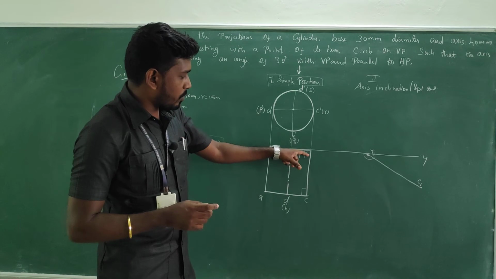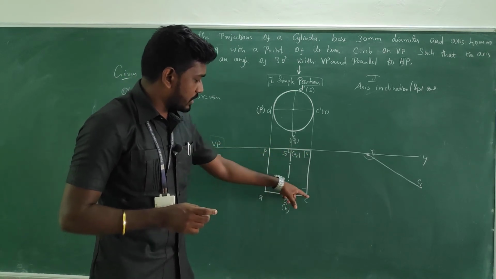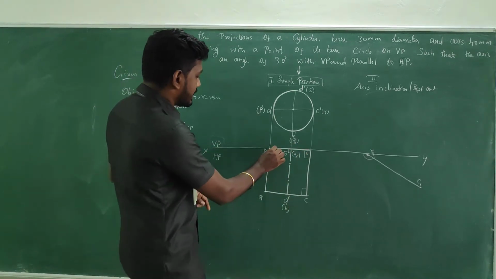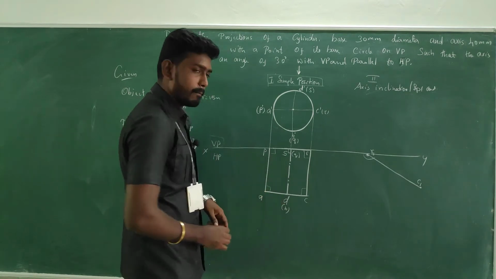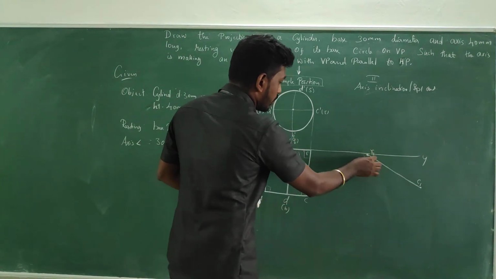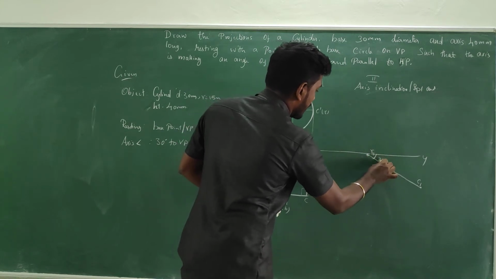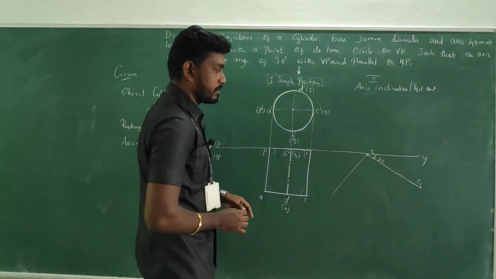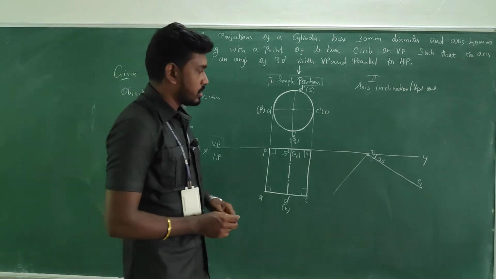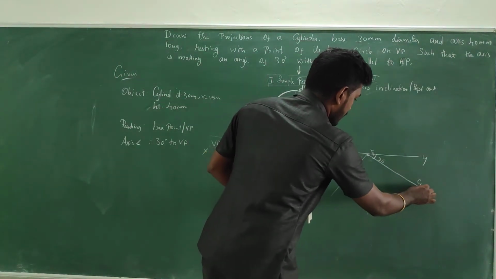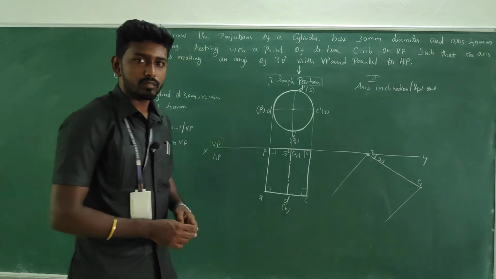So we know all the adjacent sides, since it is rectangular, all the adjacent sides are at 90 degree. So with this knowledge, this is 30 degree, I'm going to take a 90 degree line like this. Same here, I'm going to take the 90 degree line.